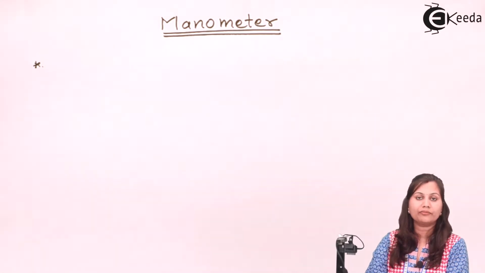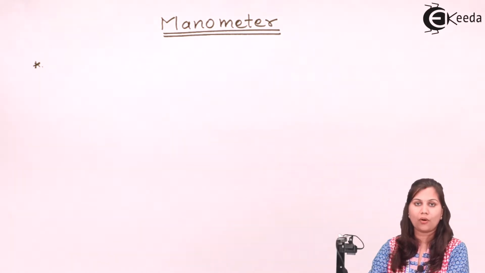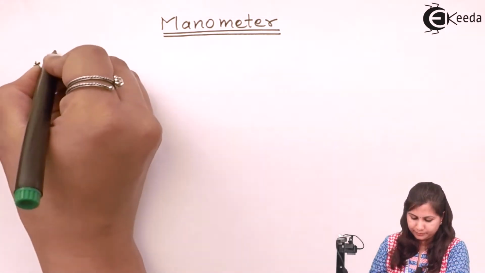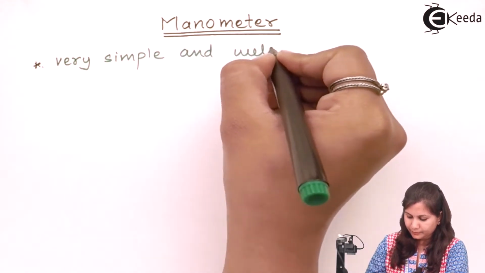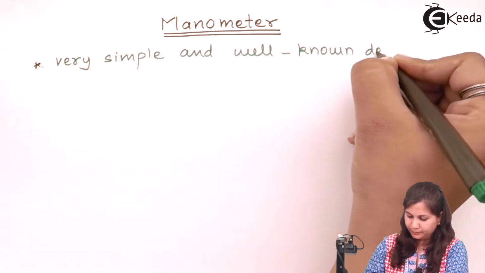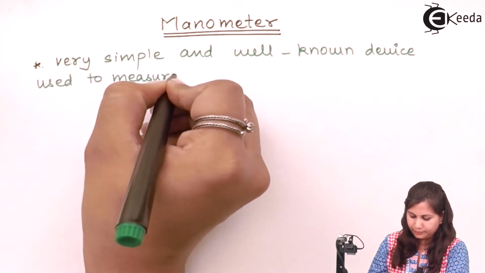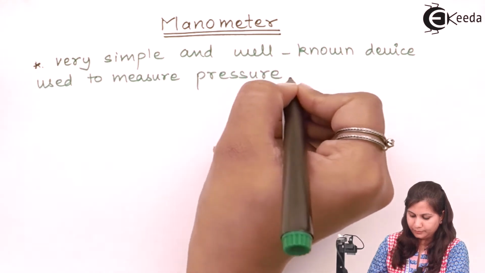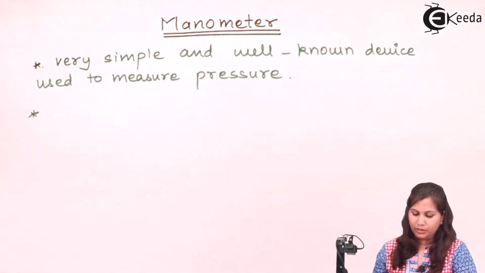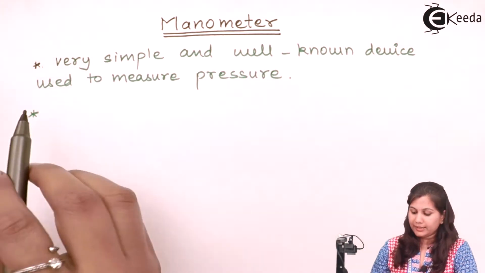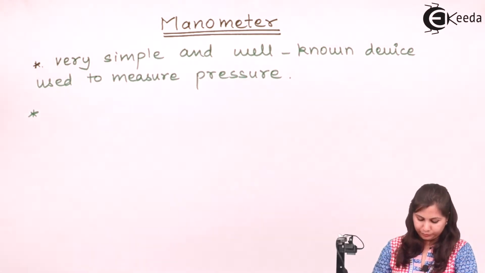Manometer is a very simple and common device which is used for the measurement of pressure. Now this manometer is sometimes also known as the wet meter.